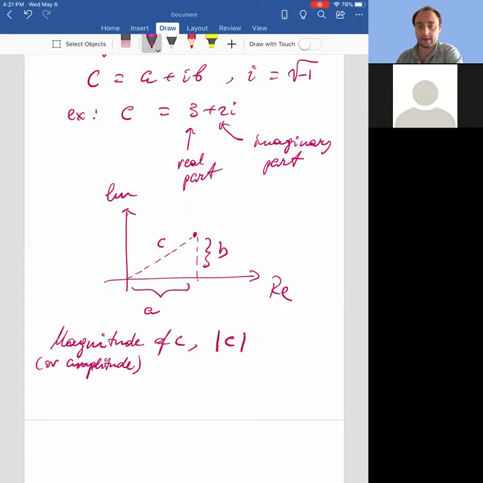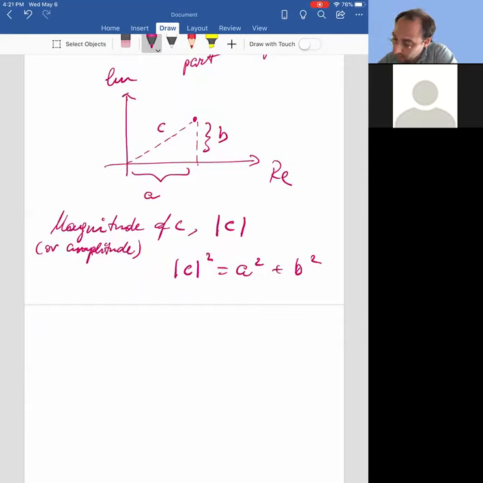It's denoted like that. And there's a Pythagorean theorem. So C itself is a complex number, but the square of its magnitude obeys the Pythagorean theorem. It's the square of A plus the square of B.